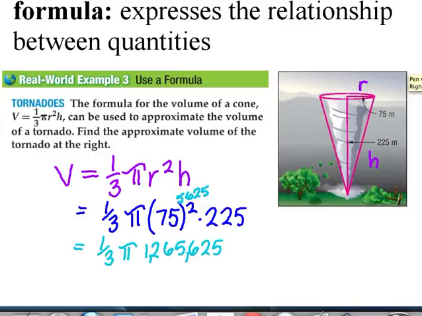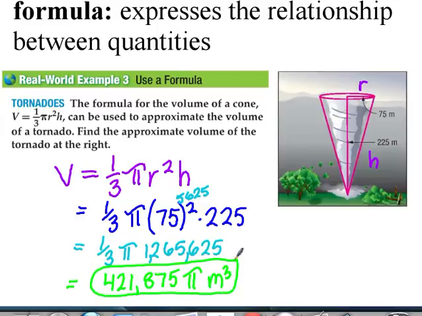I would do the 1/3 first. The easy way is to take the number in your calculator now and divide it by 3, because that's what times 1/3 is. When you divide it by 3, what do you get? Here's your answer. You could leave it with pi there, and your answer would just be meters cubed. So, questions?